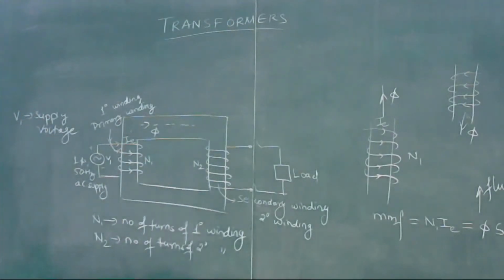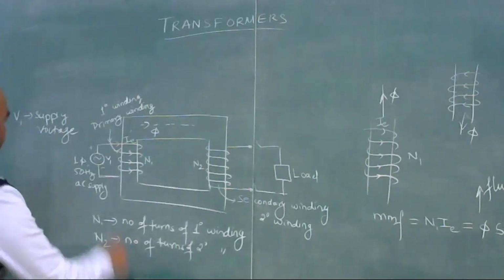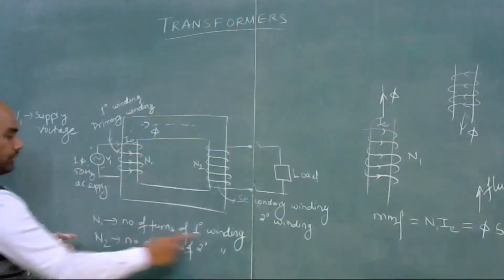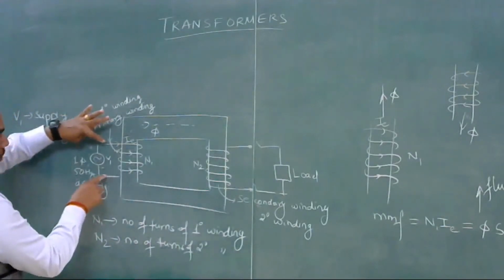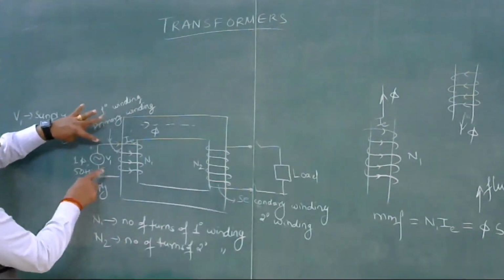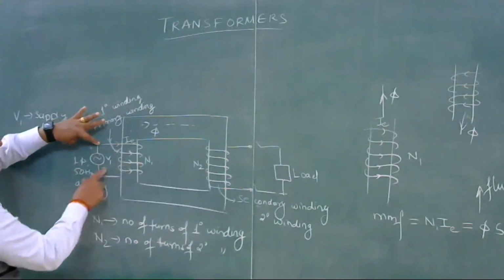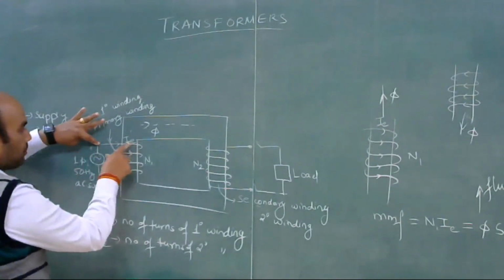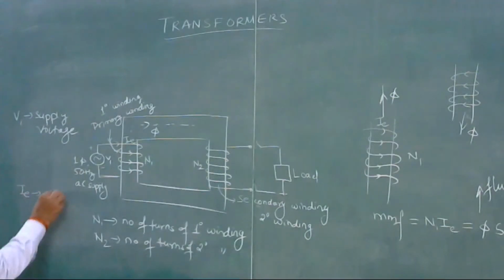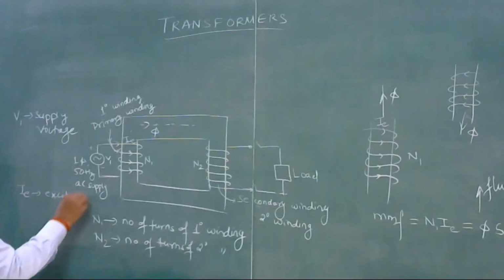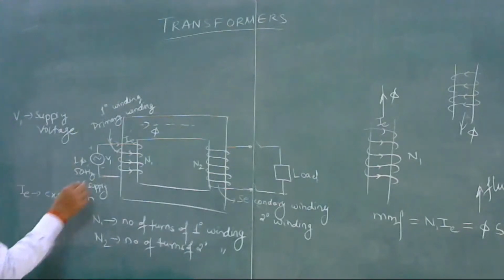So what we have done is taken this N1 number of turns of primary winding and applied voltage V1. When V1 is applied to this winding, current IE flows. IE is the excitation current, which is used to excite this transformer.